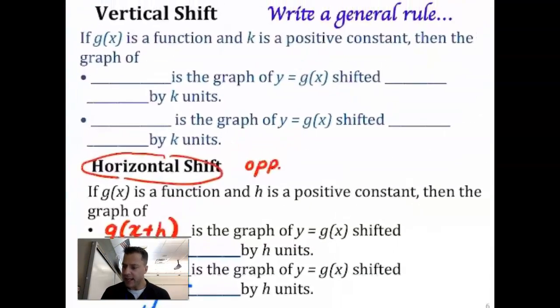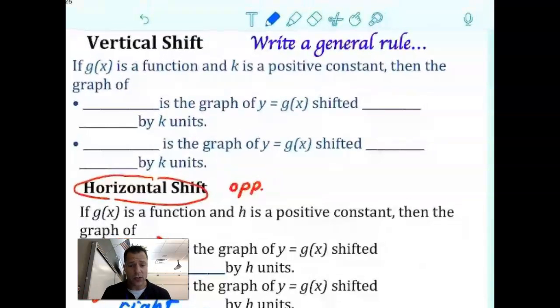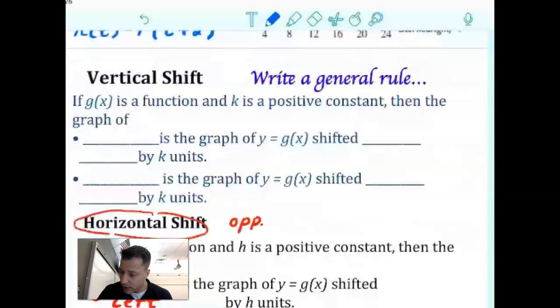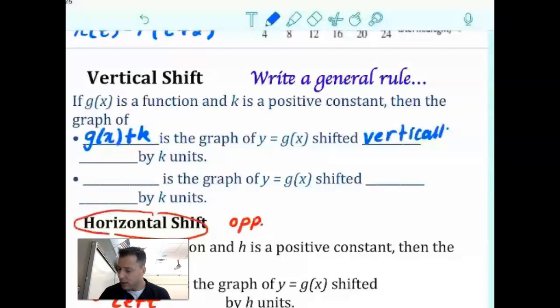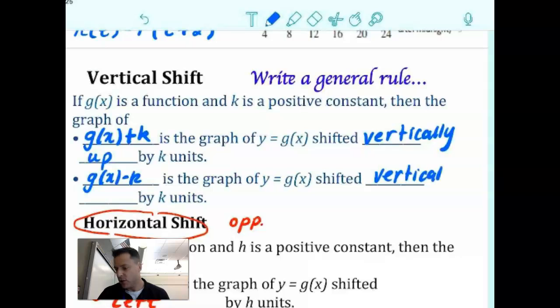And then vertically, what you see is what you get. If you have g of x plus k, you're shifting vertically up by k units. If you have g of x minus k, notice how plus k you go up, minus k you still shift vertically, but you go down by k units.